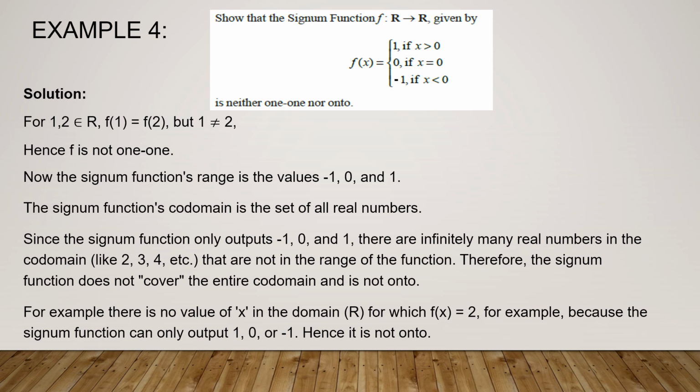Therefore the signum function does not cover the entire codomain, and so it is not onto. For example, there is no value of x in the domain R for which f(x) is equal to 2, because the signum function has only the output values 1, 0, minus 1. Correct? So for any other value in the codomain, you can never find an x in the domain.